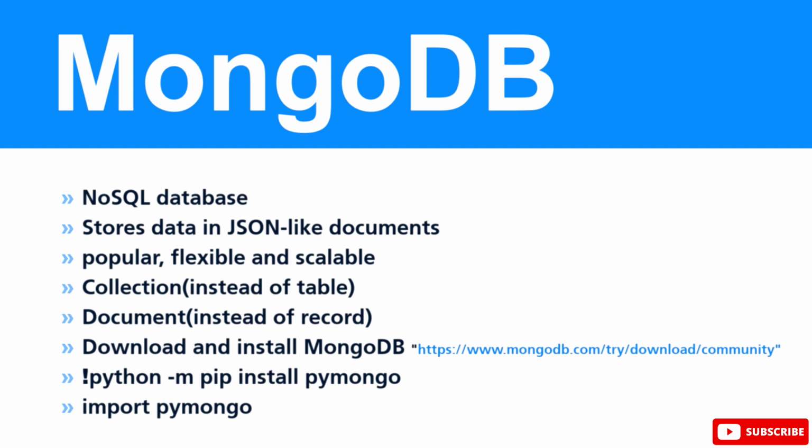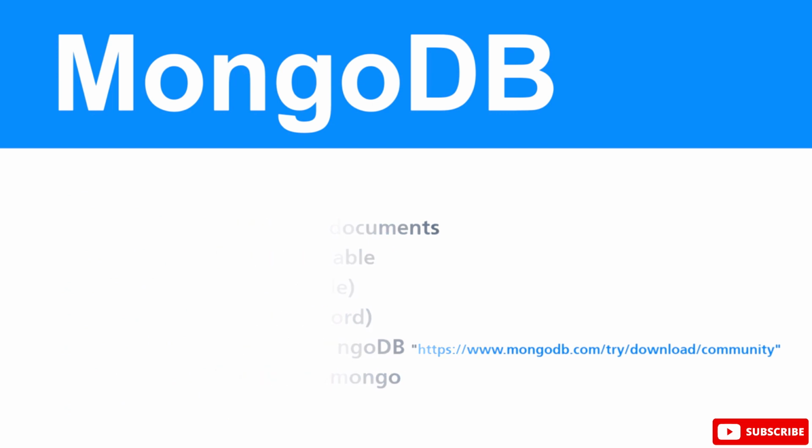After that, to use the MongoDB database, you need to import this library or package in Python at the beginning of the program. Use the import statement to do that: import pymongo. Now, let me show you how to download and install the MongoDB database on our device.